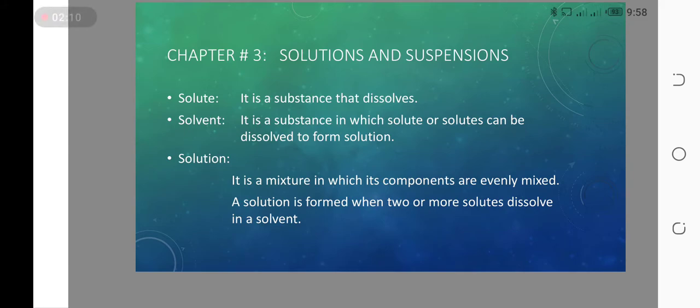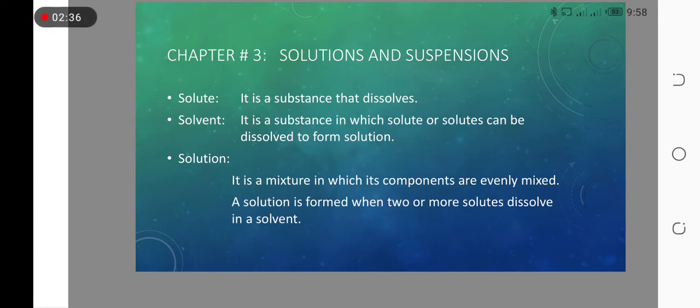While in the case of a suspension, the solute is not completely dissolved into the solvent. This is the basic difference between solution and suspension. We will discuss the difference in detail further on, but we will first start with our first topic, solution.